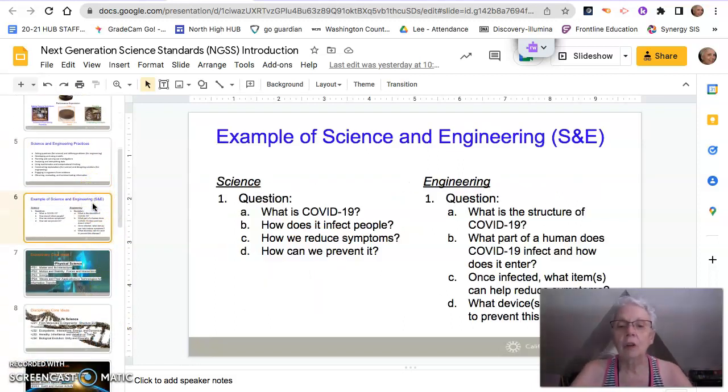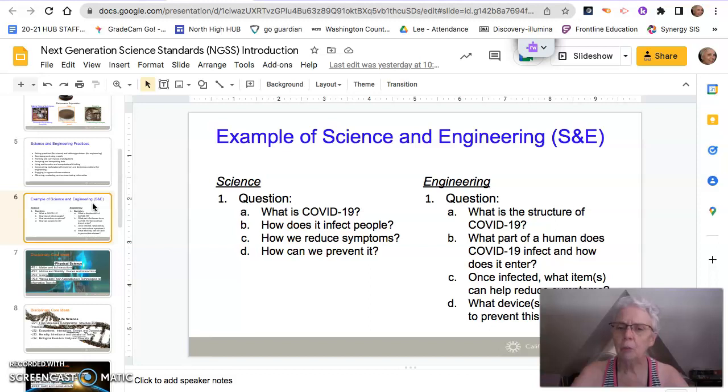Here are some good examples of the difference in the questioning between science and engineering. In science, we ask questions like, what is COVID-19? How does it infect a person? How do we reduce the symptoms, and how can we prevent it? Whereas in engineering, we might look at, what is the structure of COVID-19?